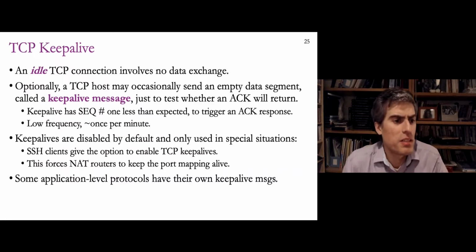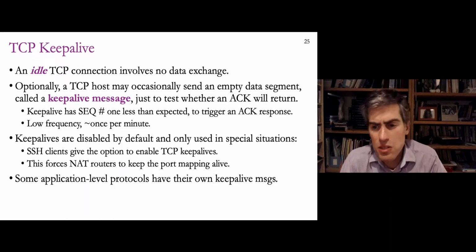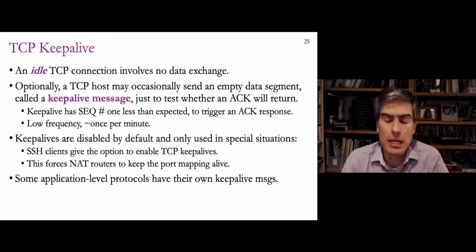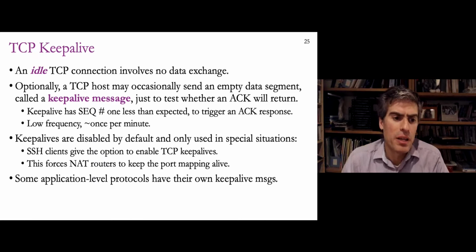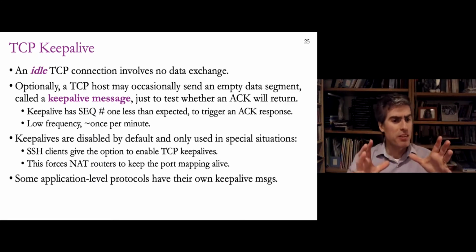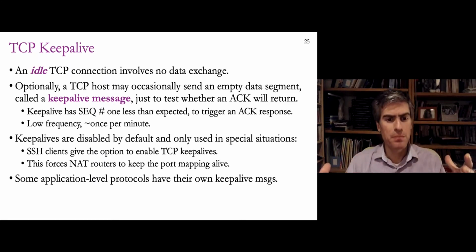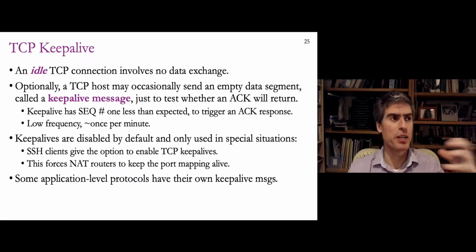Another little detail of TCP are Keepalive messages. We'll see why this is important when we later talk about IP and NATs, which I'm not going to try to explain now. But just notice that you can have a TCP connection open for a long time that's idle. So you have two machines that are ready to talk to each other. They have each other's sequence numbers.